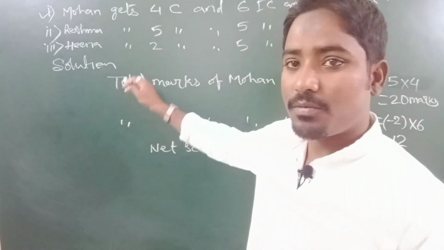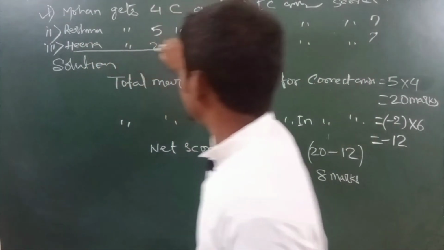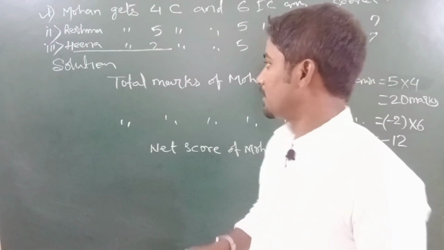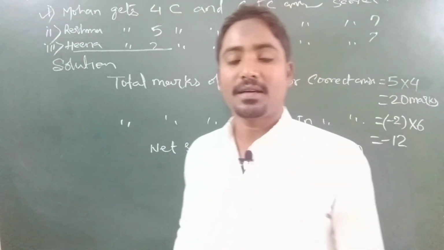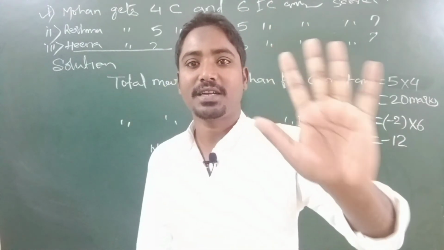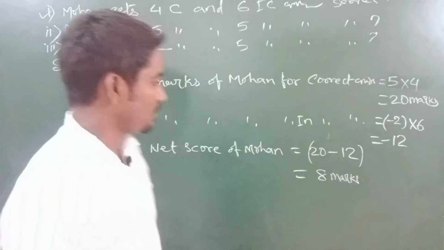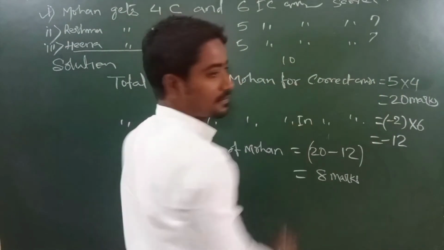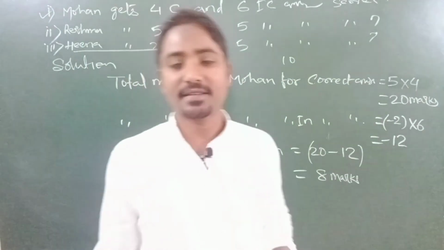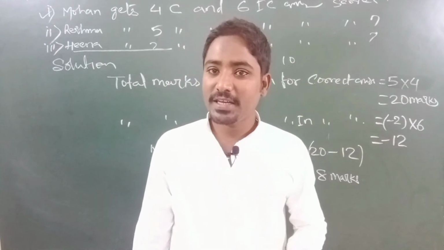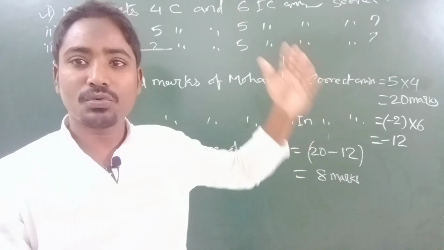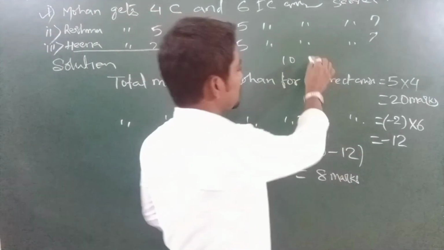Similarly we can solve Hina's score verbally. See here, she is giving 2 correct answers. So for correct answers, 5 into 2 we will get 10. Again she is giving 5 incorrect answers, so the score for incorrect answers will be 5 into -2, that is -10.